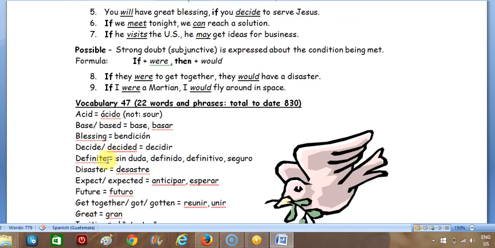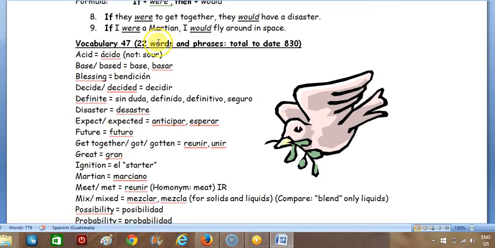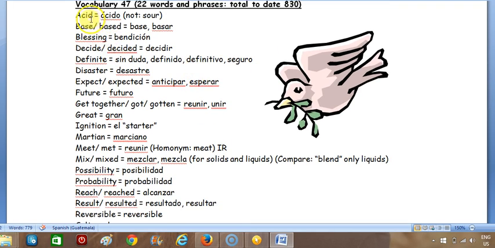Okay, vocabulary 47. 22 words and phrases. Total to date 830. Acid. So it's ácido but not sour. Sour is the flavor of ácido, and acid is the chemical composition. Base and based. Blessing. Decide. Decided.